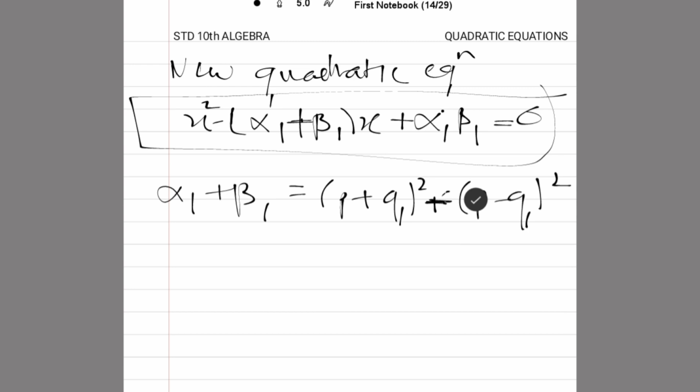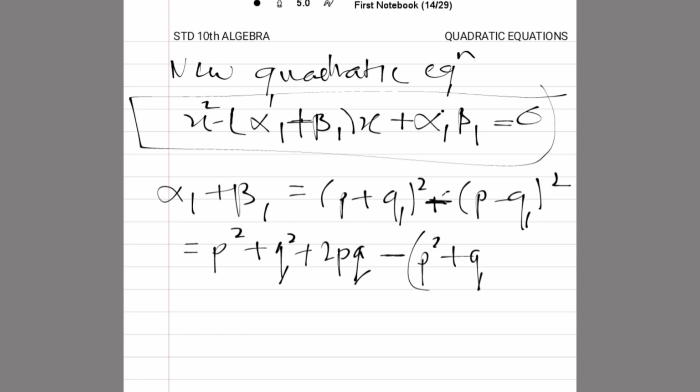Now what we can do is, we can just expand these values, and what we get is p square plus q square plus 2pq. This is minus, and this I will just put in a bracket, that is p square plus q square minus 2pq, right? Now I will take these terms outside the bracket.